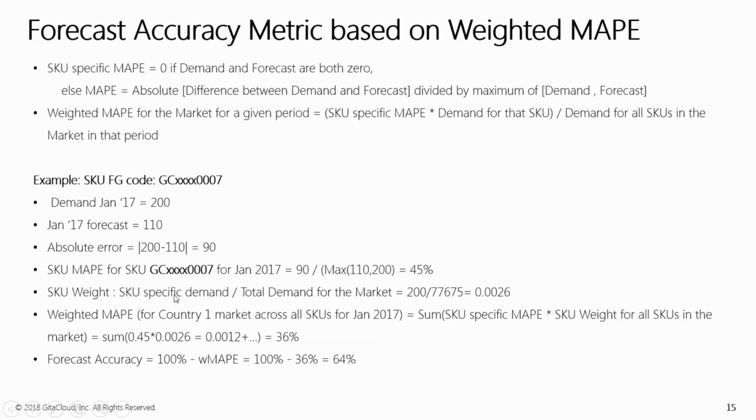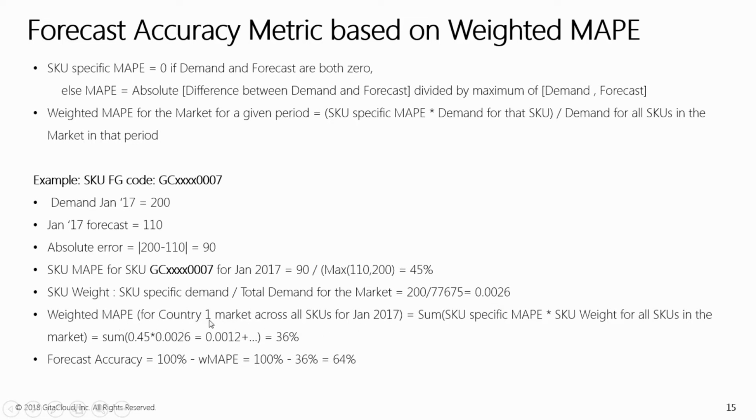So what we did was we took the demand for the SKU and divided by the total demand for the market. So the percentage weight of this SKU compared to all the SKUs in the market.